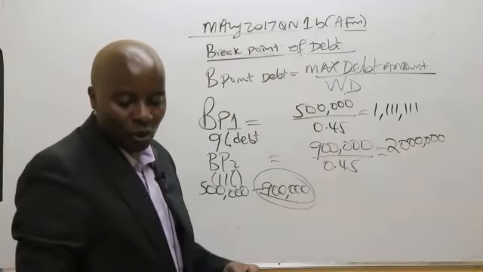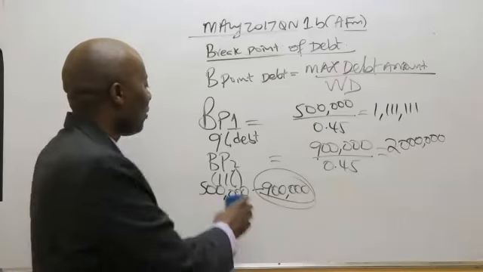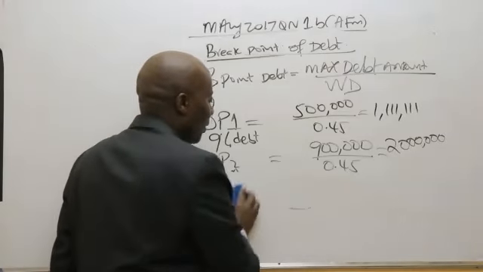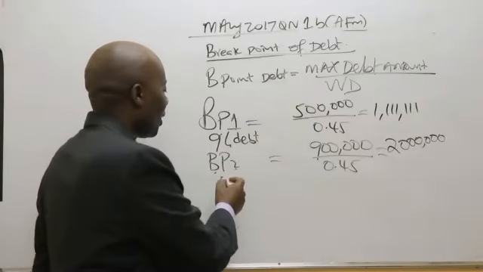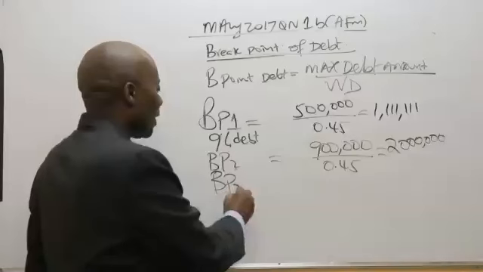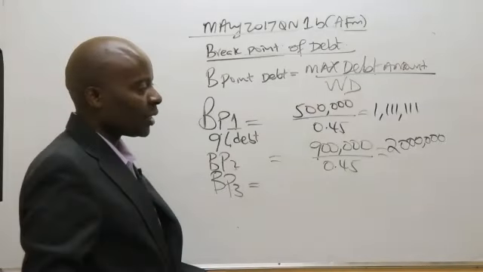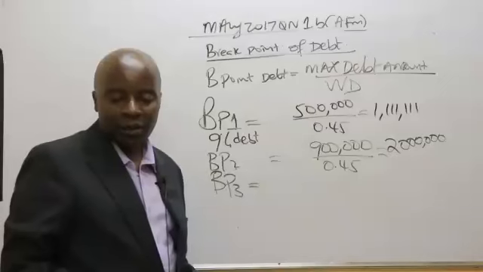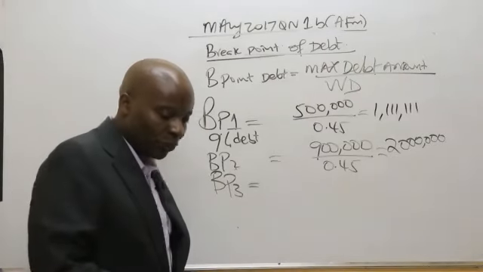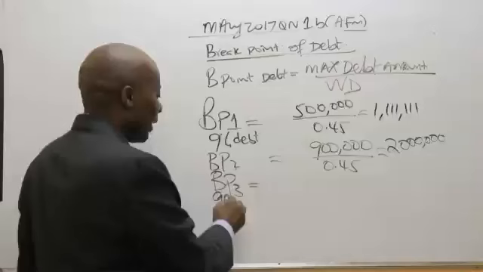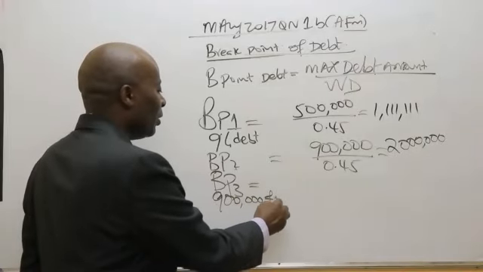Now I would want a good student to take me to the third breakpoint. So in the third breakpoint, what do we have? The third breakpoint runs from 900,000 and above.